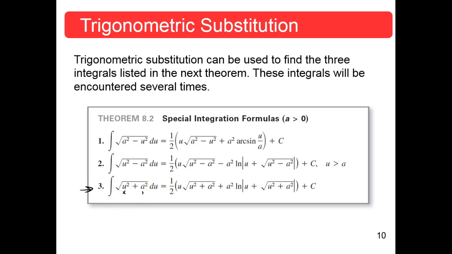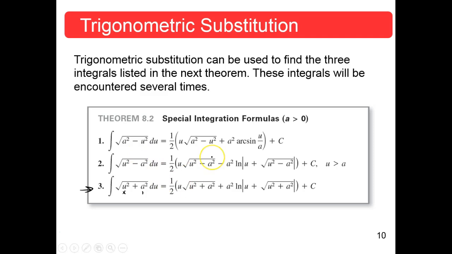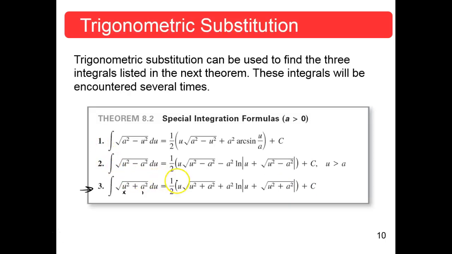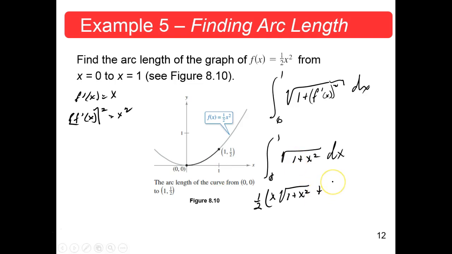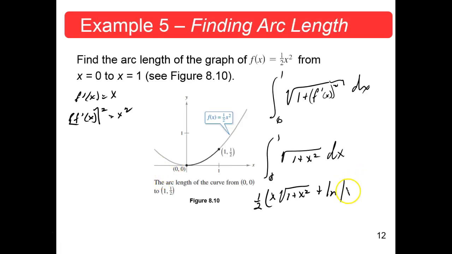So, 1/2 parentheses x times that very thing, okay, plus 1 squared, 1, okay, log absolute value of x plus that thing, okay, evaluated from 0 to 1.